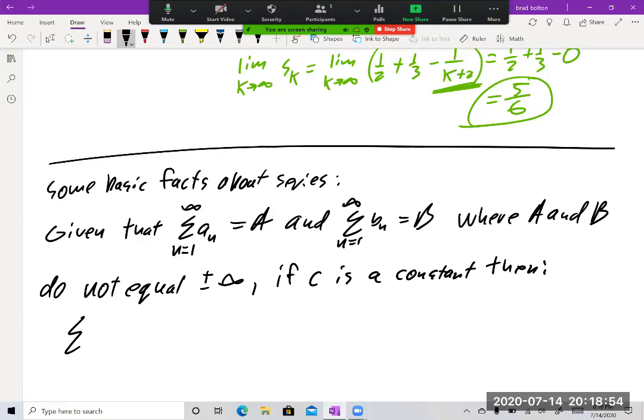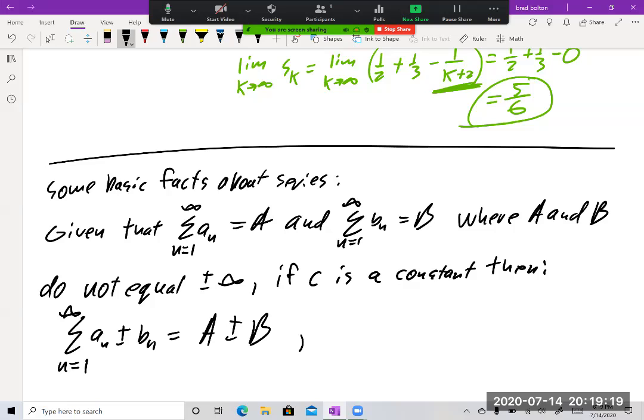The series of A sub n plus or minus B sub n equals the series from n equals 1 to infinity of A sub n plus or minus the series of B sub n, which is A plus or minus B, okay?